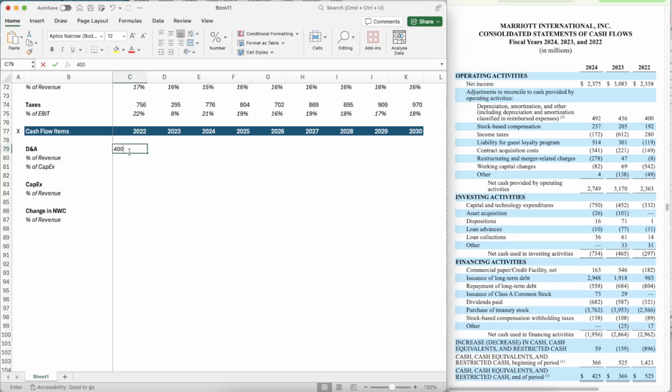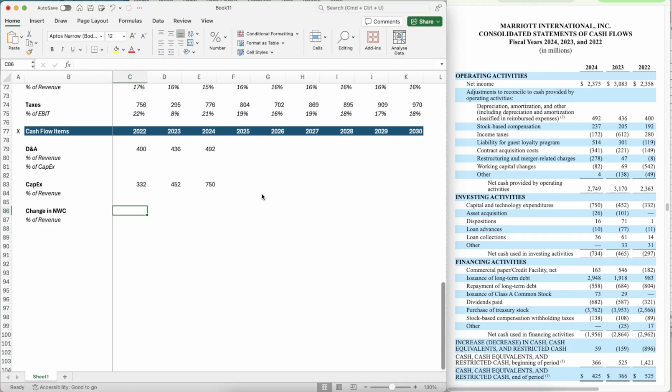In this format, we go 400, 6, 492. For capex, that is this one, 32, 52, 50. And oh, amazing, they've done it for us.